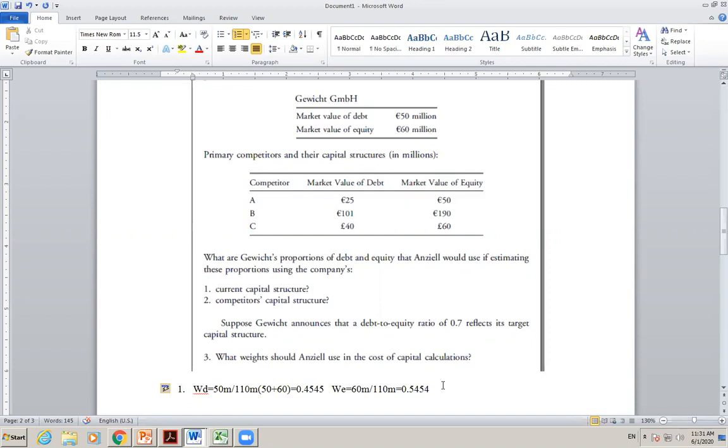Or this could be calculated as 1 minus WD, so directly you can get the proportion. This is the first way of calculating the proportion, the capital structure. And sometimes the target capital structure would be given to you. You have to use the target capital structure to calculate it, the best level of capital structure that should be achieved, actually.